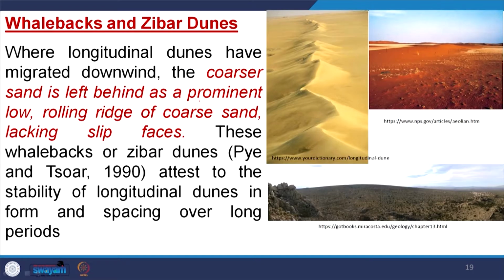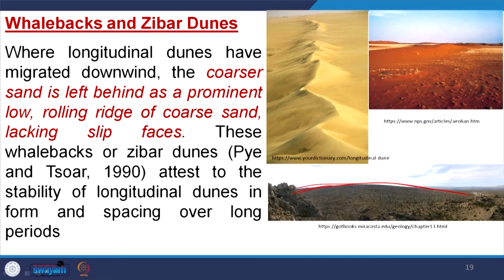Then another structure is called wallbacks and Gibber dunes. So, what is a wallback? If you see a wall from a distance, the back looks like this. You see this type of topography, that is called rolling topography. So, how does it happen?